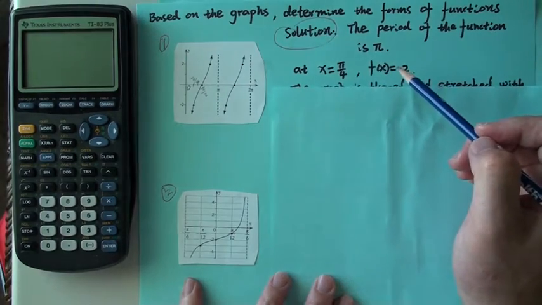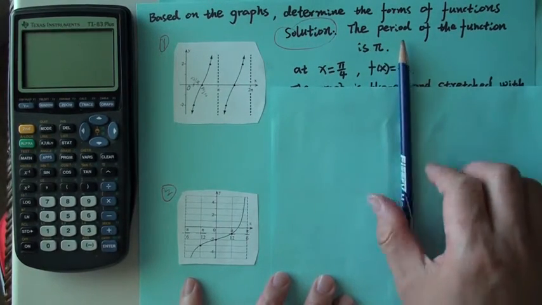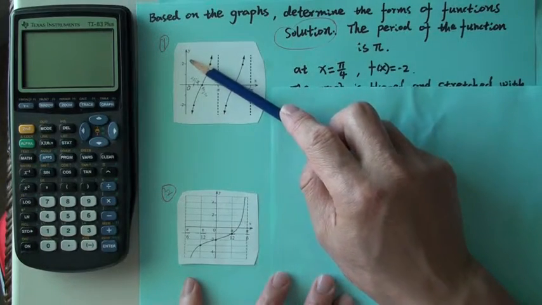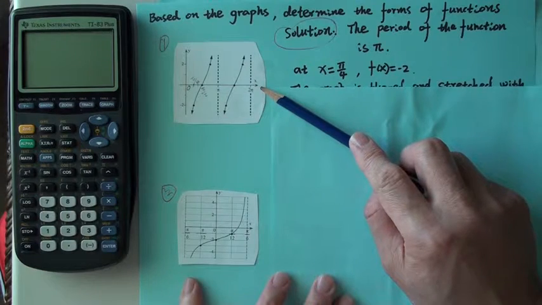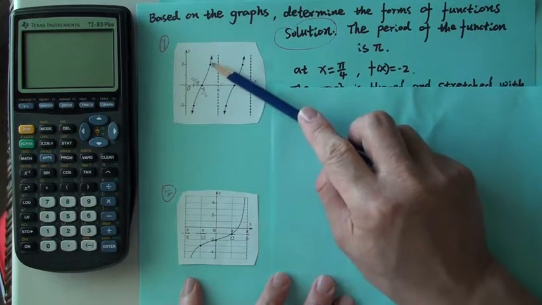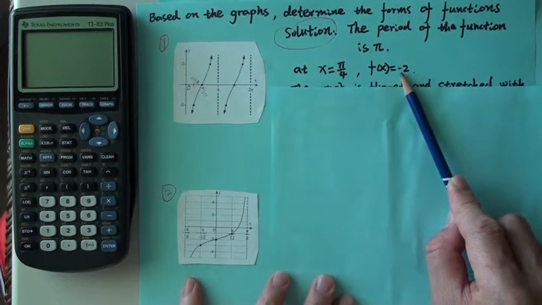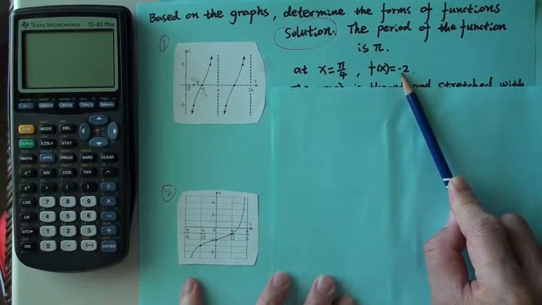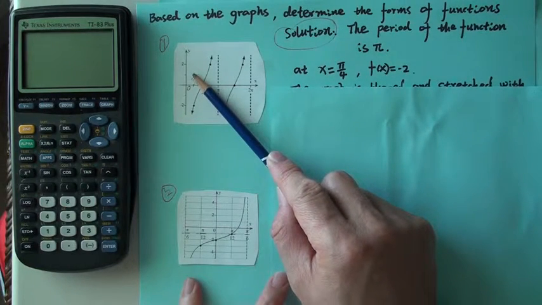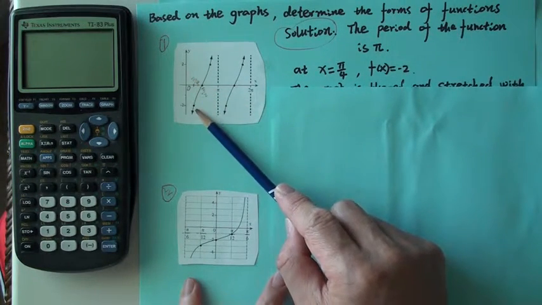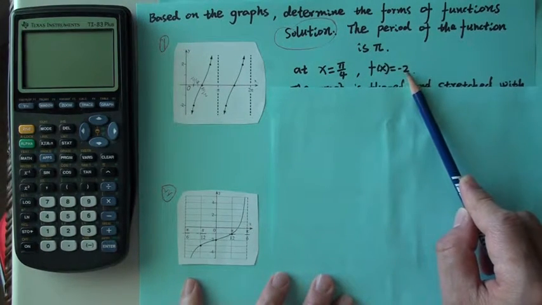So that's because the function is flipped. If it was going down and you flip it based on the x-axis, then it's going up. So if it's flipped, you know it's a negative. And then, when x equals pi over 4, it was 1, now it's negative 2.